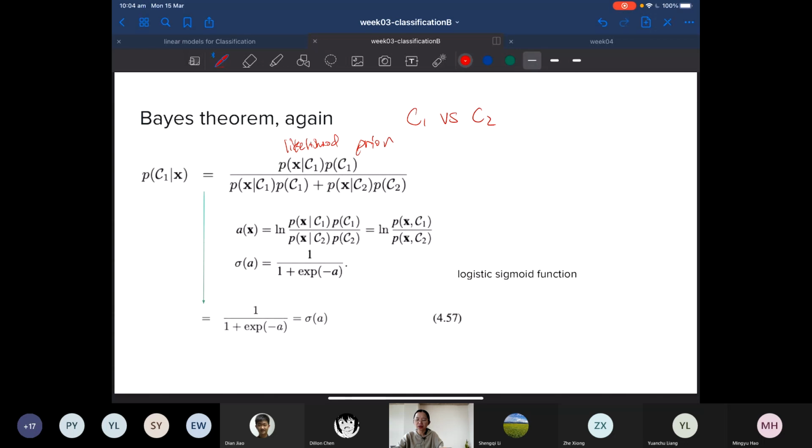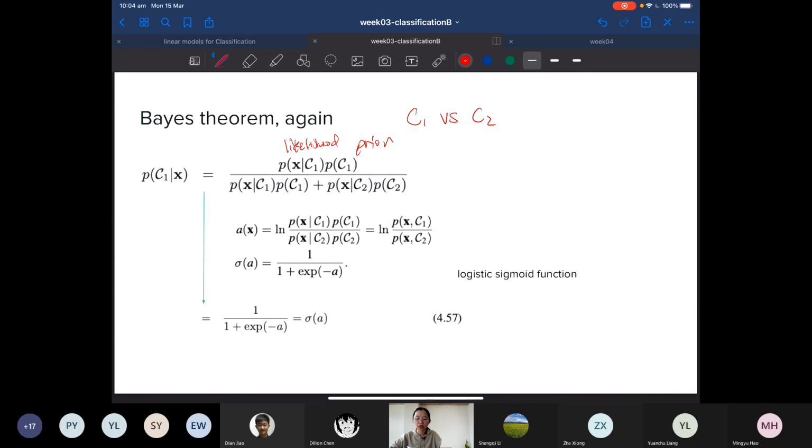Now we're just going to do some simple manipulations. We define a new term by taking the ratio of these joint probabilities, the likelihood times prior for the two classes, and take the log. No magic. It's equivalent to the ratio of the joint between the data and the class label.